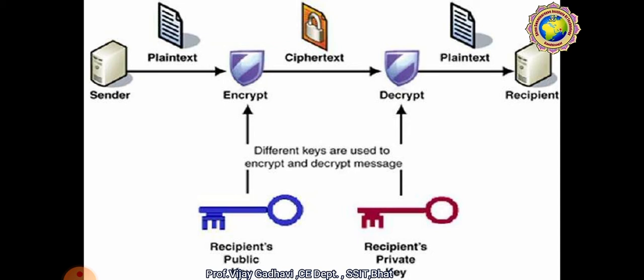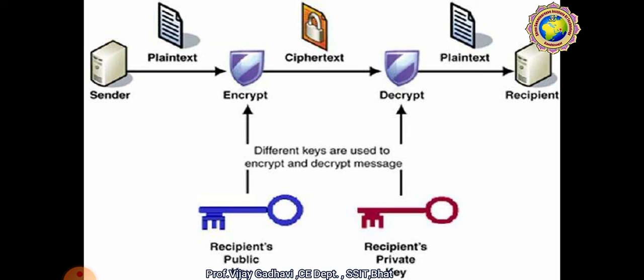Sender and receiver use a common methodology: the plain text, ciphertext and plain text by using a key, one for the recipient, which is public, and a second one which is private. This is a symmetric key cryptography, which is then used for bulk encryption and decryption.